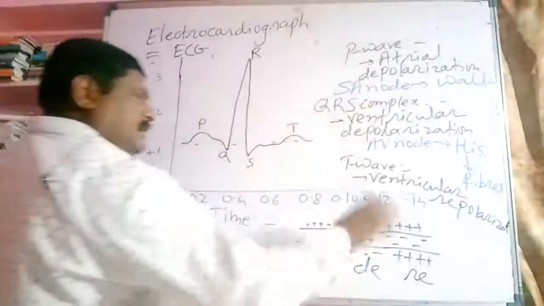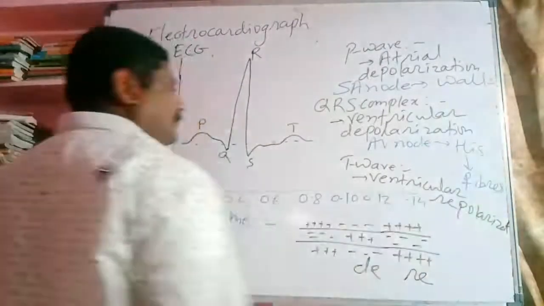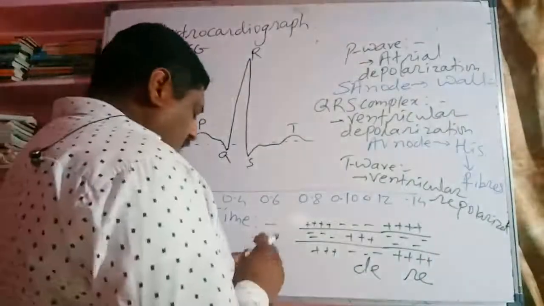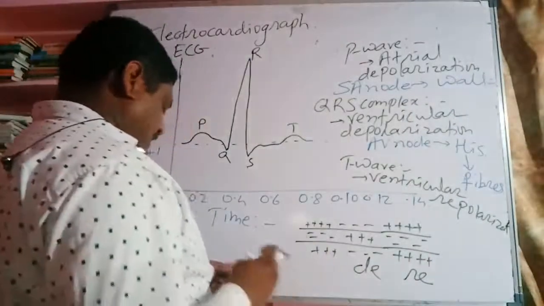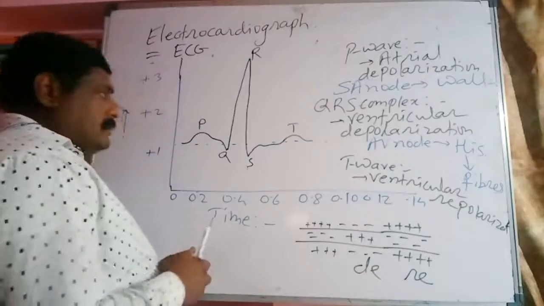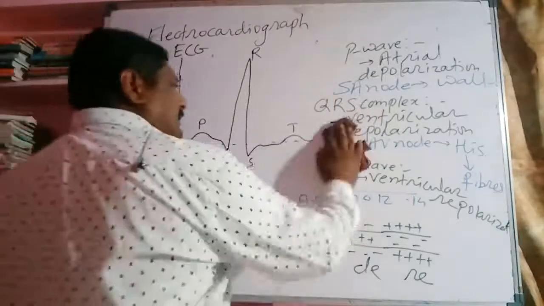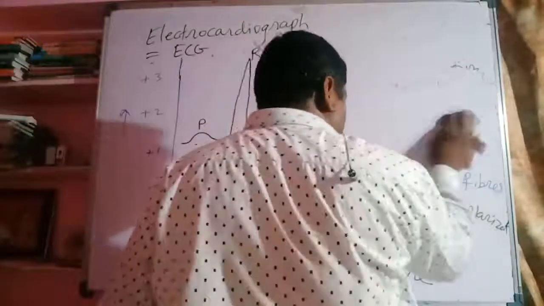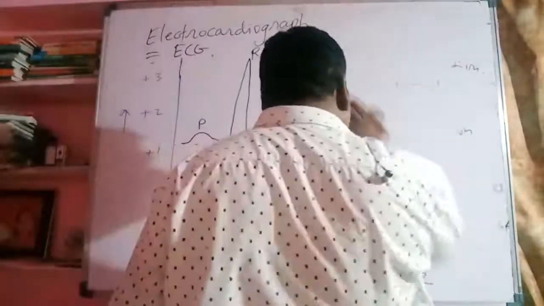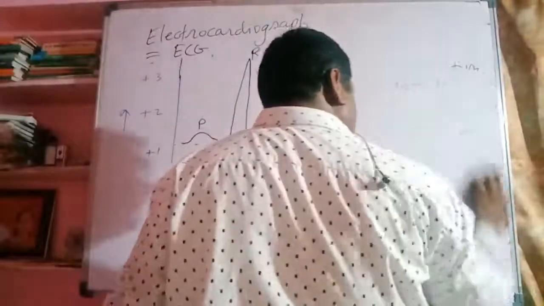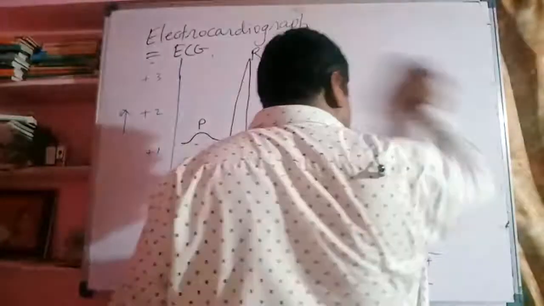So in the form of depolarization and repolarization, the impulse spreads on the nerve, on the muscle, cardiac muscle especially. In this way, the graph is obtained and the physician examines this graph and gives diagnosis about the heart problem.